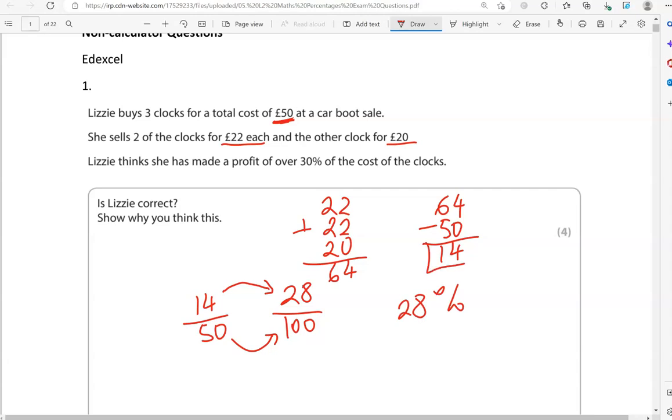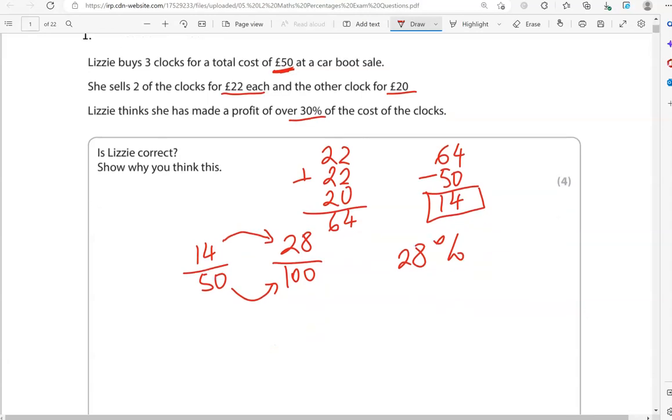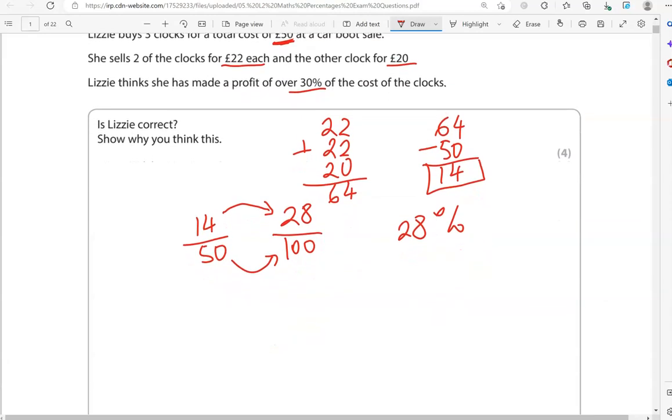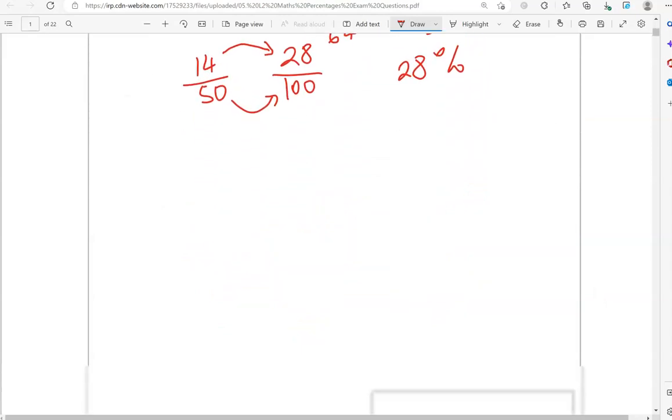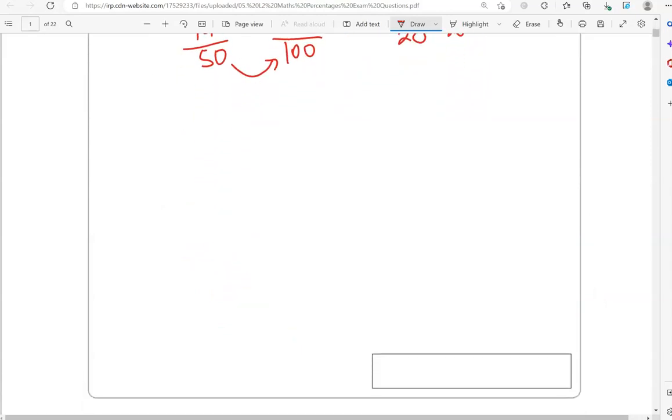So £14 is equal to 28%, which is lower than 30. So no, she made 28% profit.